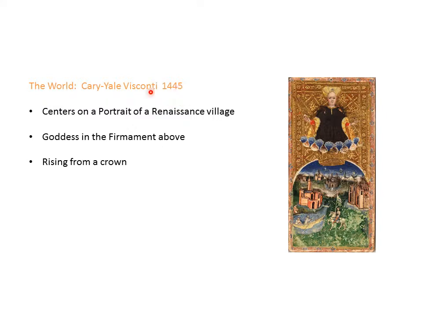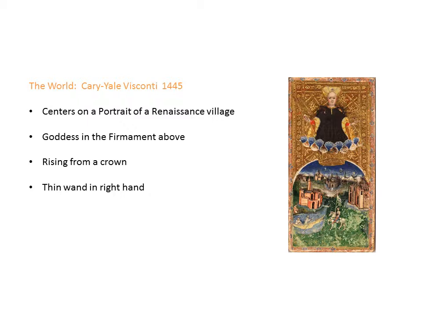Now, in the 1440s, her rising from a crown of royalty is a very interesting perspective, because not a lot of women were held to be royal. So we're showing a divine goddess over the land. This is Italy, so it's a very interesting perspective here.